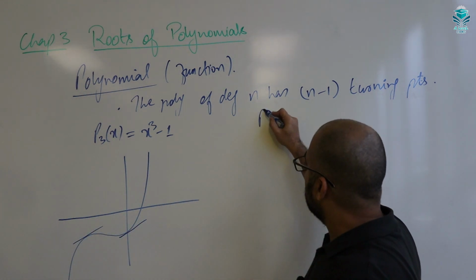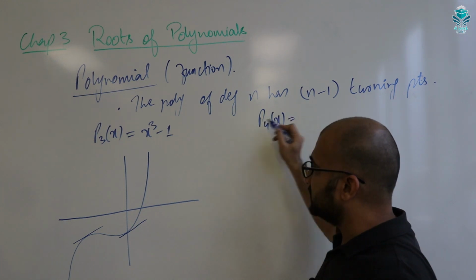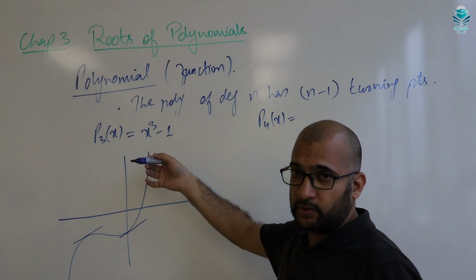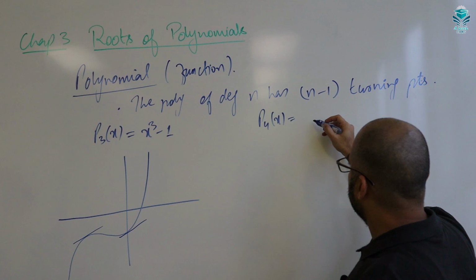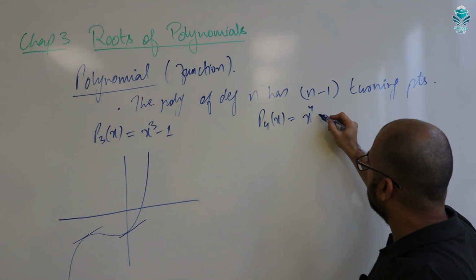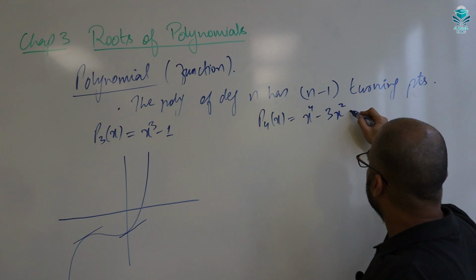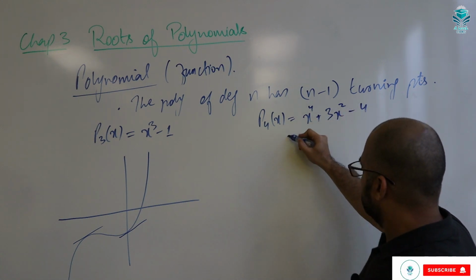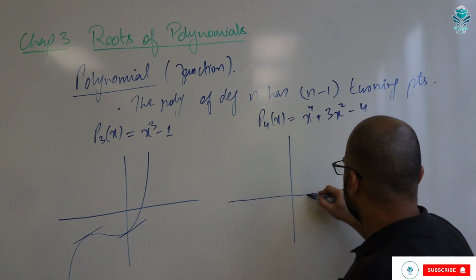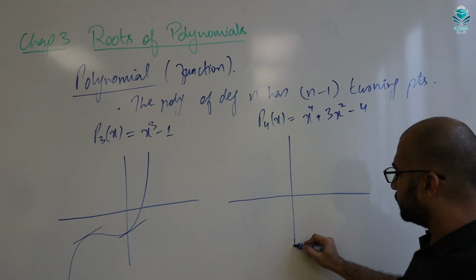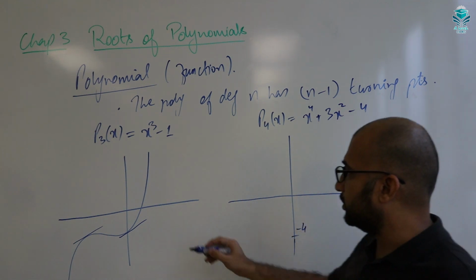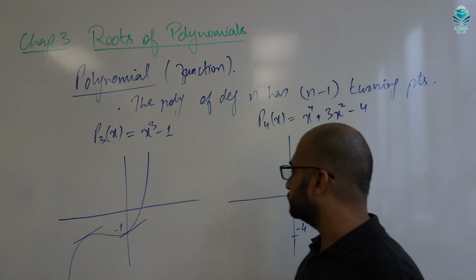If we have, let's say, p4 of x, these are all monic polynomials. p3 is monic and also p4 is monic. Let's say x to the 4 minus 3x square minus 4. So p of 0 is minus 4 and here p of 0 is minus 1.